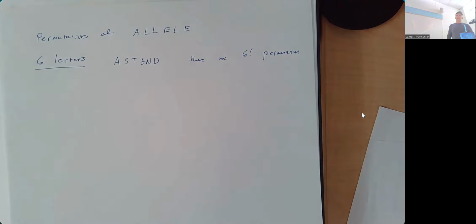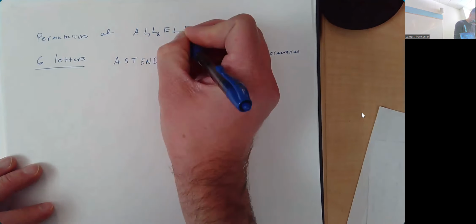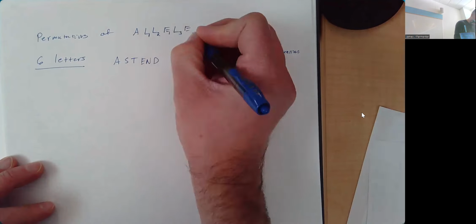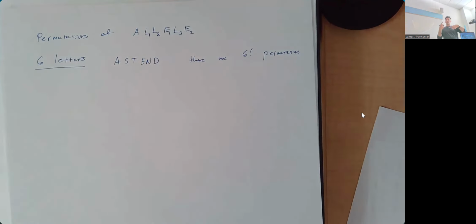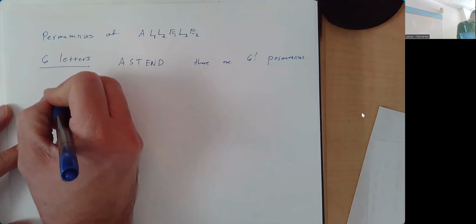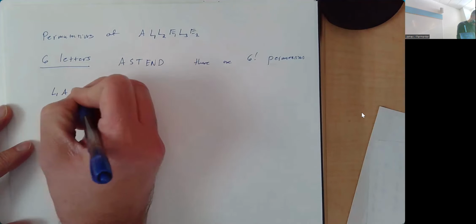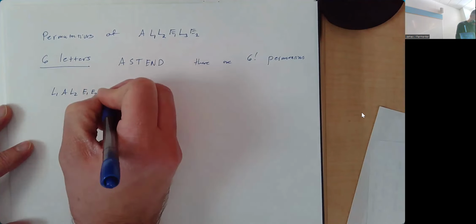Now here, there are also 6 factorial choices, except we have 3 different L's and 2 different E's. So the problem is when I rearrange these 6 letters, I might get something like this. Let's say I get L1, L2, E1, E2, L3.